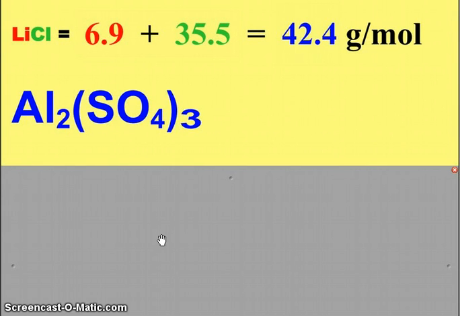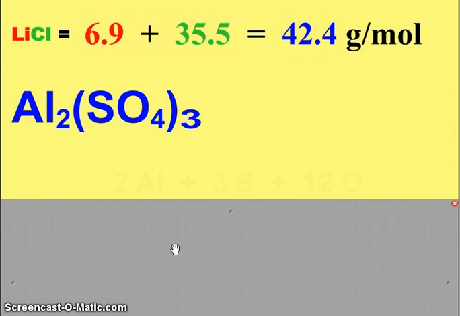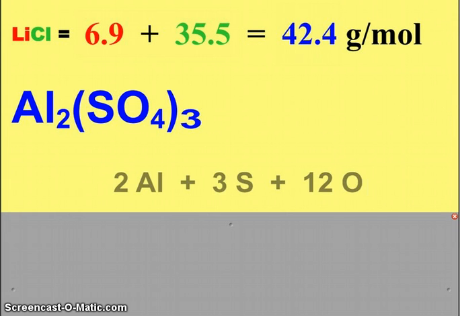Some compounds will get a little more complex. Here we have aluminum sulfate. So what that means is aluminum sulfate is made with 2 aluminums, 3 sulfurs, and 12 oxygens. You have to do to the parentheses what you do in math class. So the 2 aluminums are out here, the 3 goes in, 3 sulfurs, and 12 oxygens.